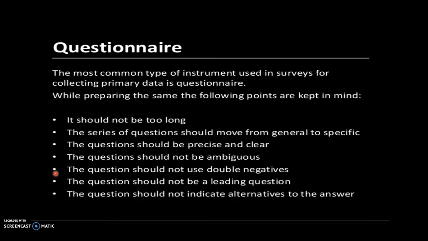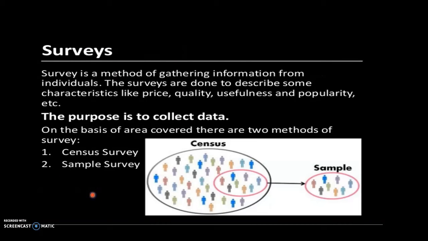So children, we will study more about this questionnaire in the next class. So let us conclude today's class by revising all the concepts. First, we studied survey. Survey is a method of gathering information from individuals. Then the purpose of the survey is to collect data.